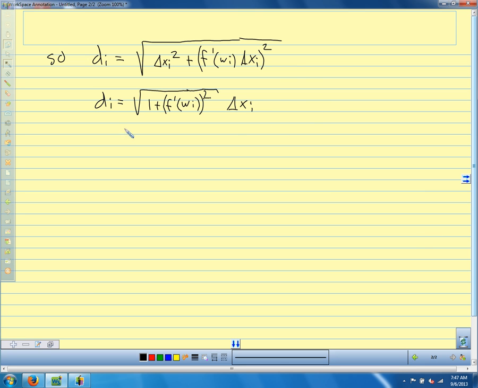And our arc length is the sum, again, of these d sub i's over this interval. And we're going to let delta x sub i approach 0. So we're making our little interval smaller and smaller and smaller. We get a better and better approximation.